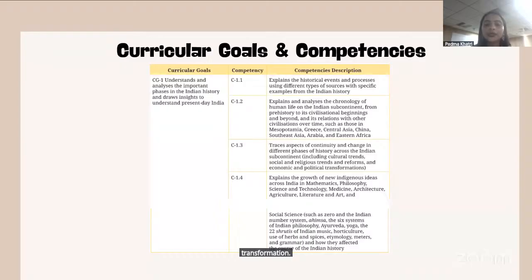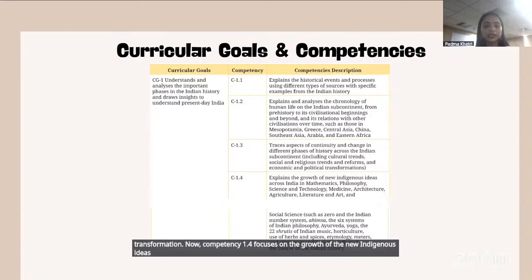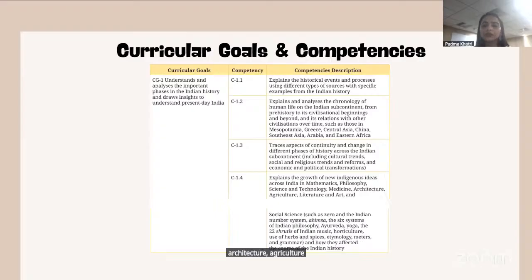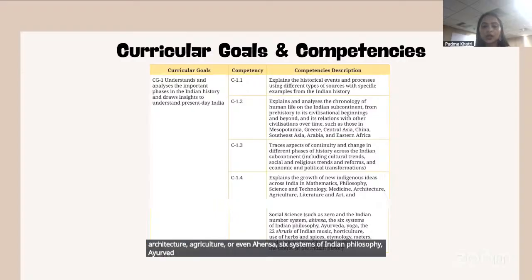Now, competency 1.4 focuses on the growth of the new indigenous ideas in India, whether it was in terms of mathematics, philosophy, science, technology, medicine, architecture, agriculture, or even ahimsa, 6 systems of Indian philosophy, Ayurveda, yoga, and so on. So here you can see we have an interdisciplinary approach as well, right?